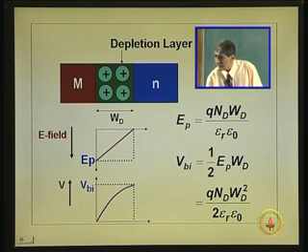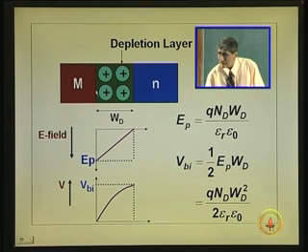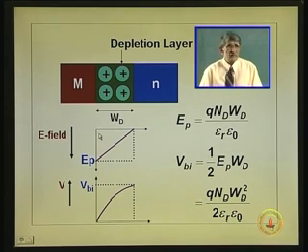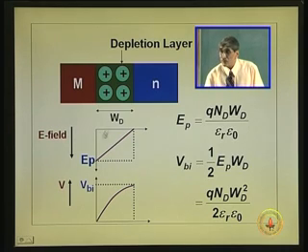So, peak electric field is like this, and once you know the peak electric field, the voltage across that is peak electric field into the width divided by 2. It is actually the area under this curve. Area under this, E peak into dx, is the voltage integral. The integral of electric field is the voltage. So, E peak into Wd divided by 2, that is the area under this curve.